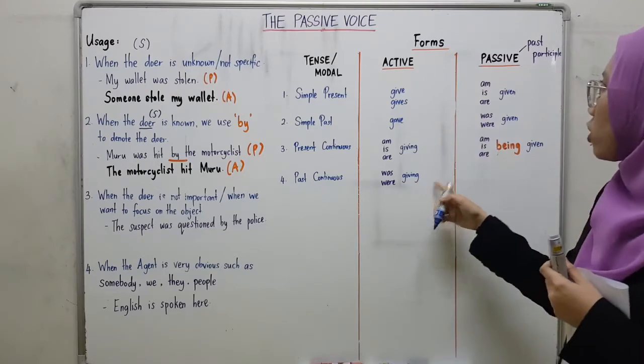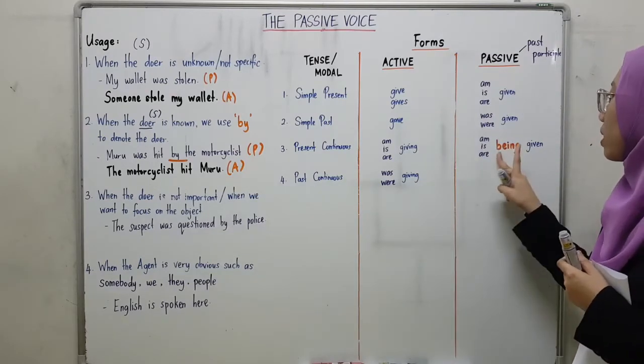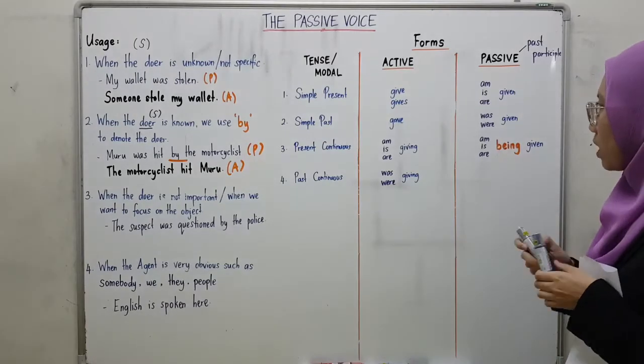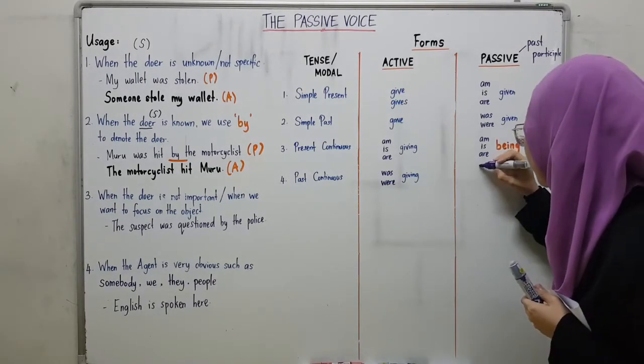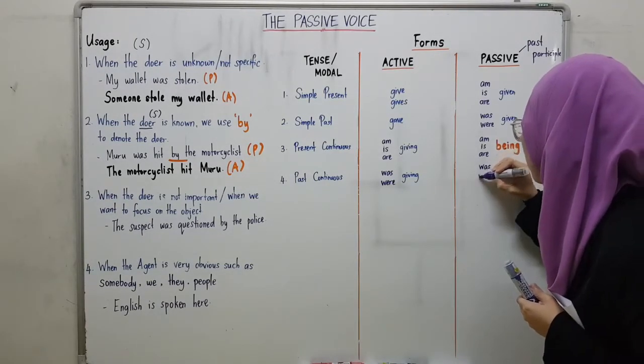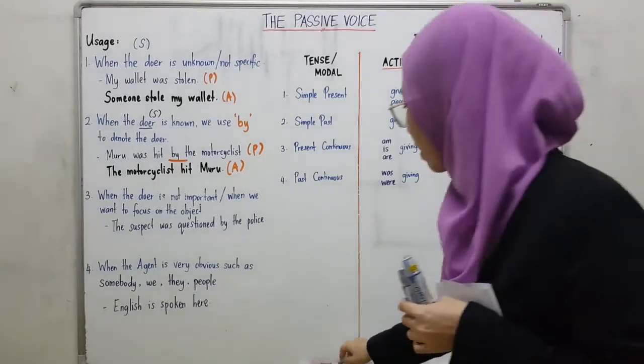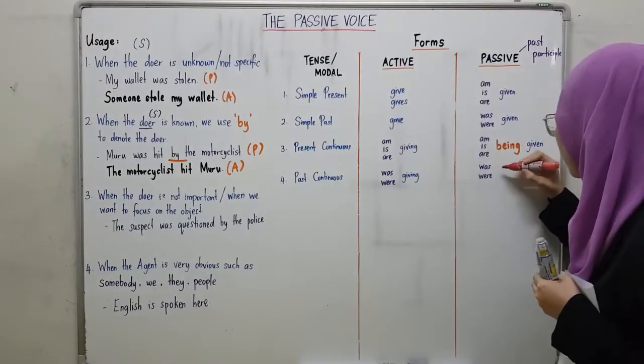When you want to change into passive, we also add being, but we use was or were. Was, were, being, given.